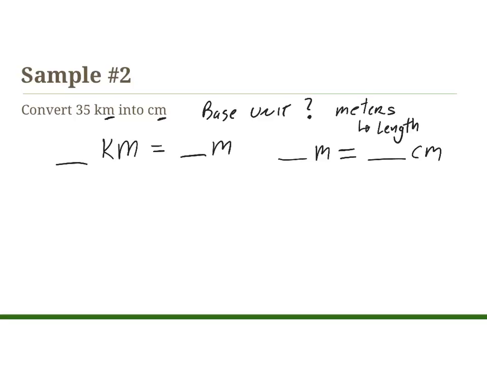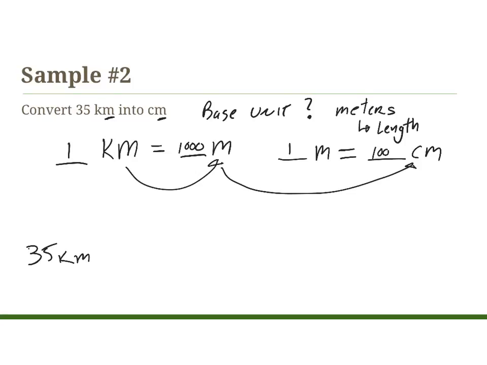That tells me that I need to remember that the relationship between kilometers and meters is 1 to 1,000, and the relationship between meters and centimeters is 1 to 100. So when I go to set my problem up, I need to convert from kilometers to meters and from meters to centimeters. So I'm going to take my 35 kilometers, put it over 1, and go kilometers to meters, meters to centimeters.